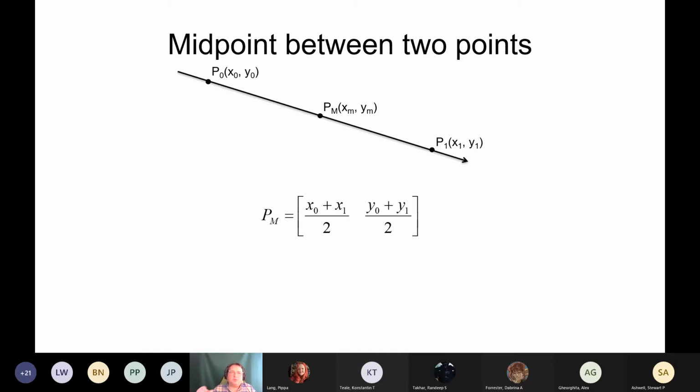And this midpoint between 2 points, it's a trivial problem, but it may happen that you need to find the midpoint between 2 points in a shader. A shader is a program that you will learn how to write next year, not this year, next year. Okay, but shaders are programs executed by your graphics card. And these are programs that calculate, for example, the color of every individual pixel in your screen.